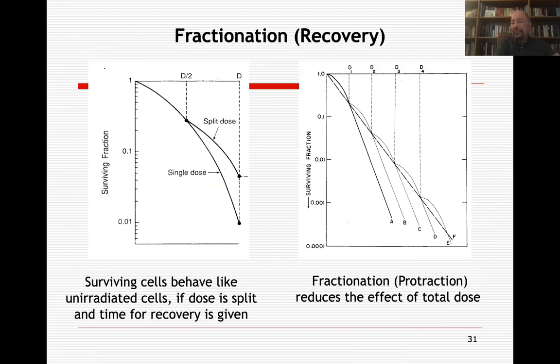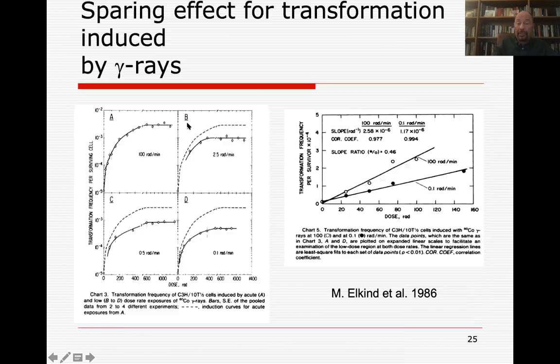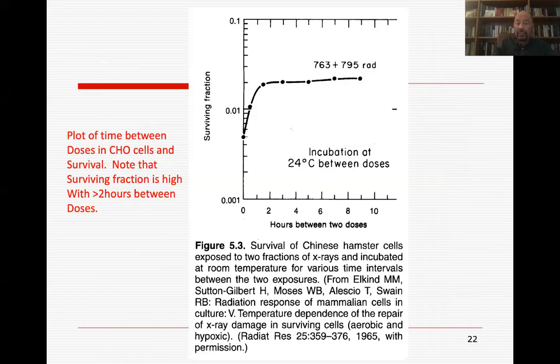Low dose rate and fractionation are not the same thing, but it's the same mechanism. So essentially, if you irradiate with the dose D, you have this survival, but if you split the dose in 2, you will get a higher survival. It's like low dose rate, because if you wait enough, you remember these old experiments of Elkind.